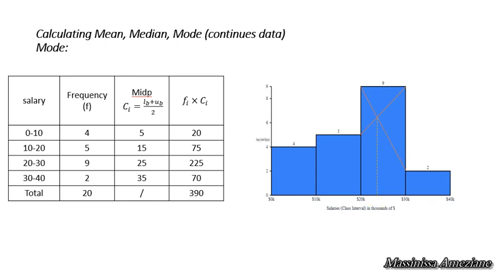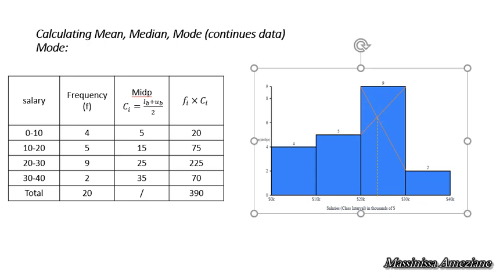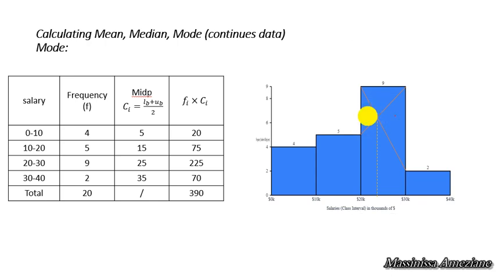Now let's see how to calculate it with a formula. So now, as you can see here, we have two similar triangles. This is the first one, and this is the second one. And the property of similar triangles says that this divided by this, the base, equals this divided by this.